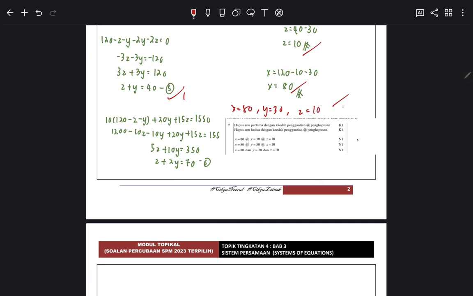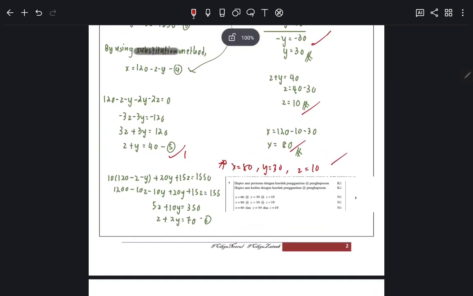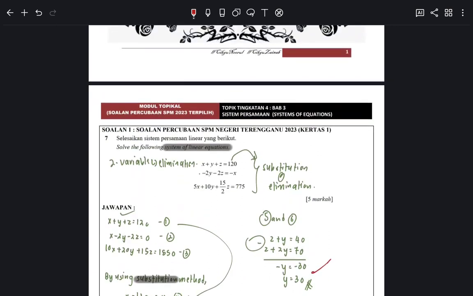So when I write this, then only am I eligible for the final mark. Okay, so better write like this. This is my bad actually. So this is the way to solve this question. So that's it, done for the question from Terengganu paper 1. First question, so must get full marks.